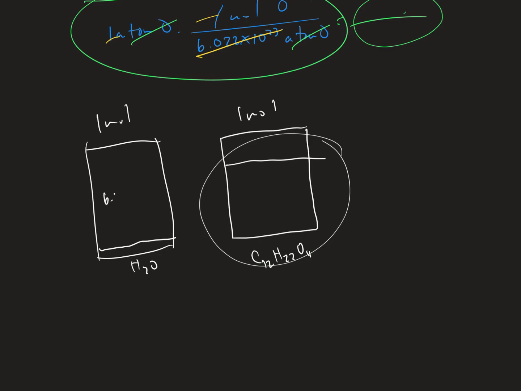This is 6.022 times 10 to the 23 molecules of water. And this is 6.022 times 10 to the 23 molecules of sugar, or sucrose. But they do have a different mass, different size, okay?